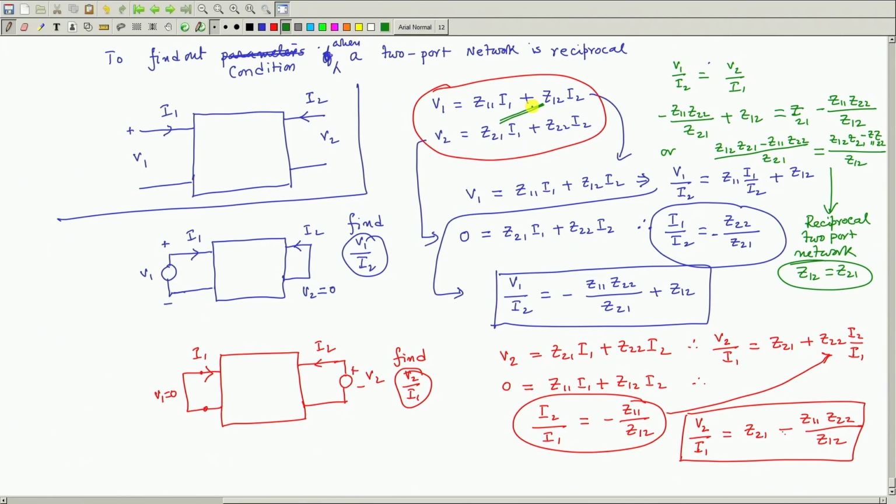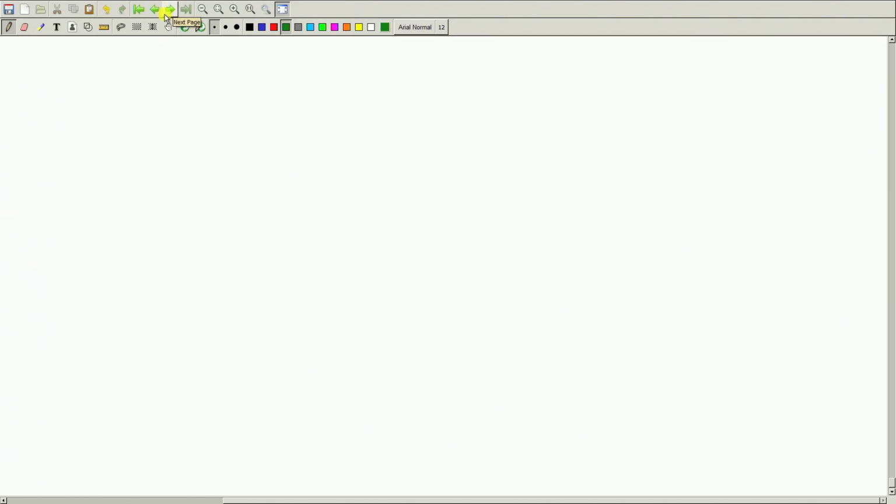Now, similar conditions let us find out for the Y matrix. Very quickly we will be able to proceed now.